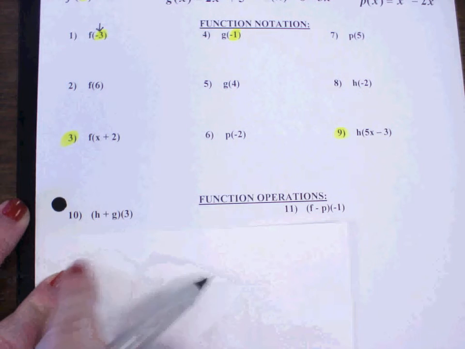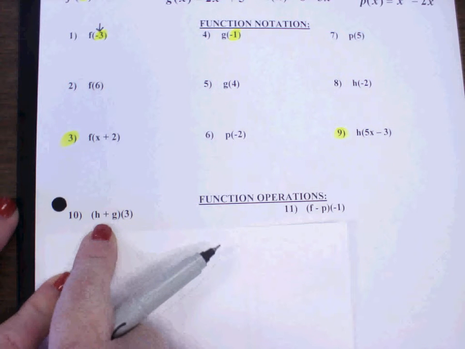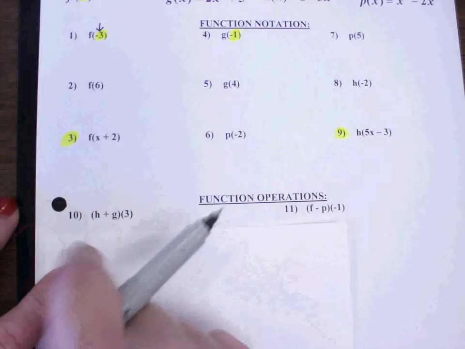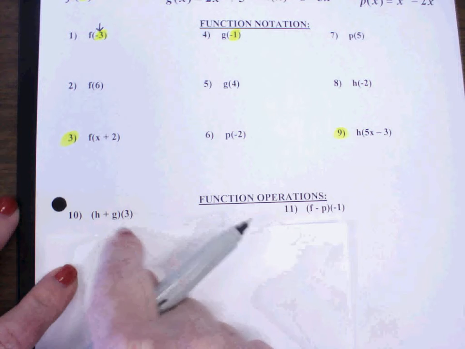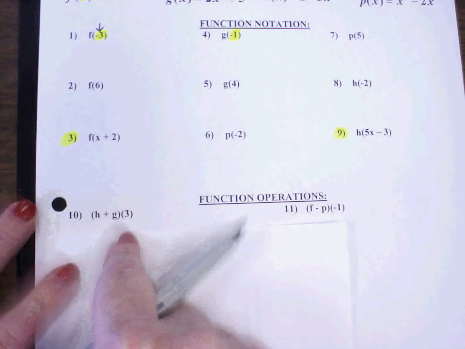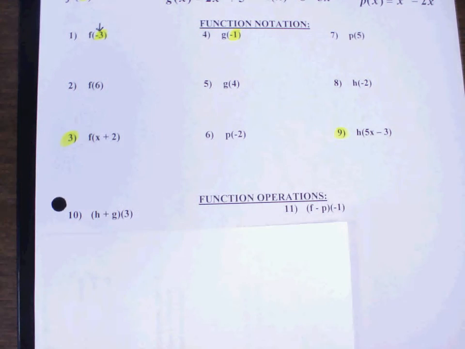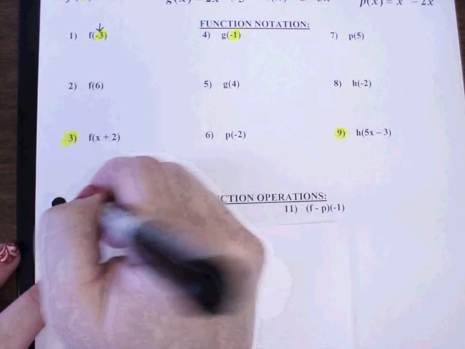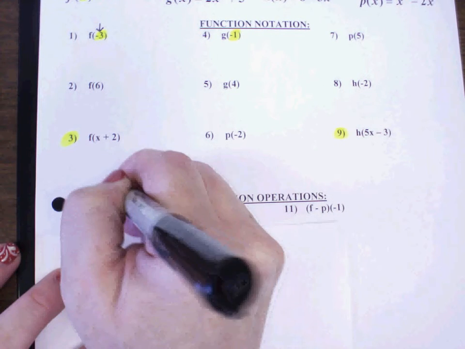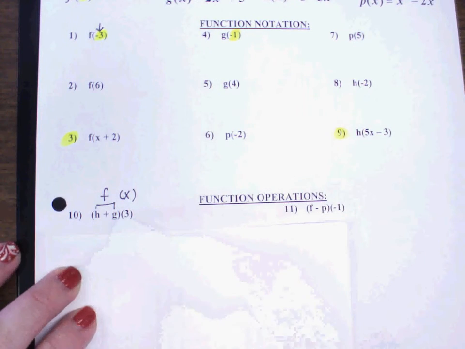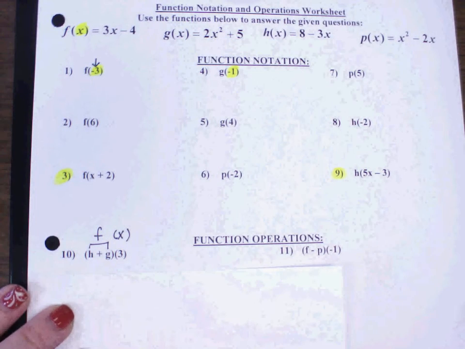So what's h? Look at the top and tell me what h is. 8 minus 3x. That was h. And then I'm going to add my g. And what's g? 2x squared plus 5.